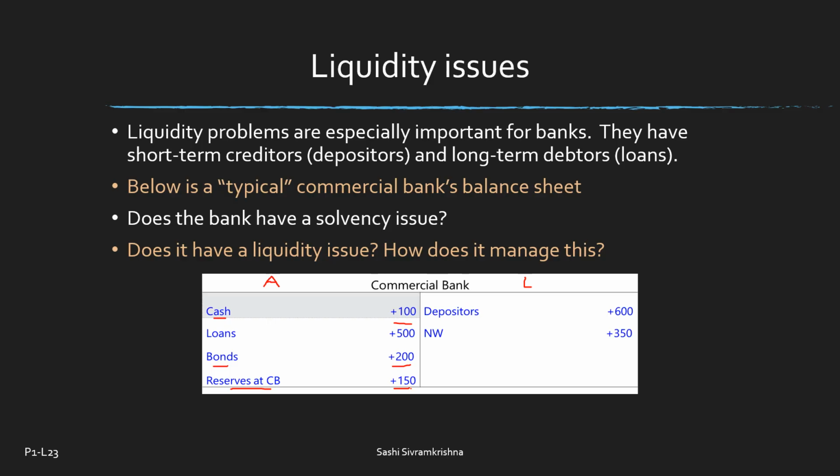So its total liquid assets are 100 plus 200 plus 150, which adds up to 450.